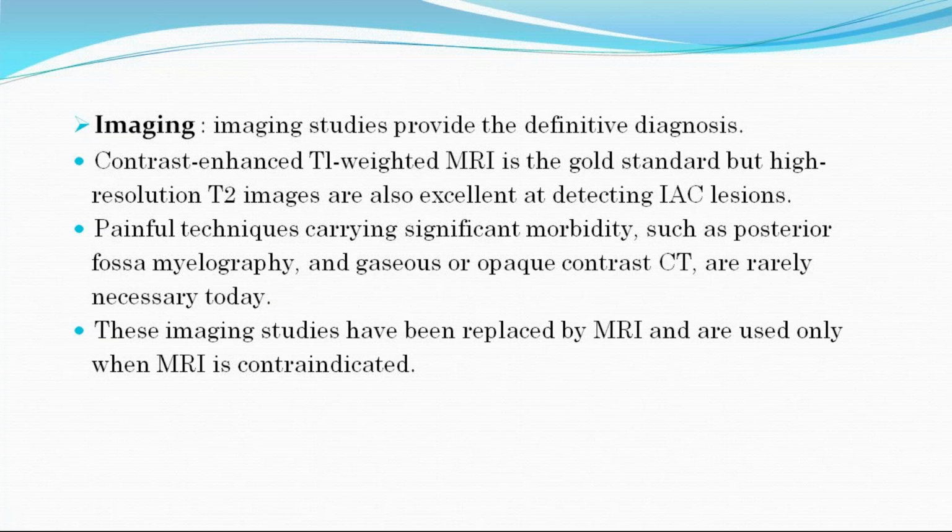Suppose one patient has claustrophobia, he or she cannot stand the MRI, because the MRI scanning will take almost 30 to 40 minutes. Or a patient is having a metal implant in the body, say a bypass or a cardiac implant. Those are contraindications for MRI scan. So in those cases you can go for posterior fossa myelography or opaque contrast CT.